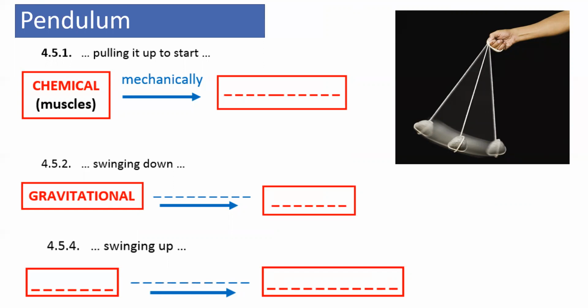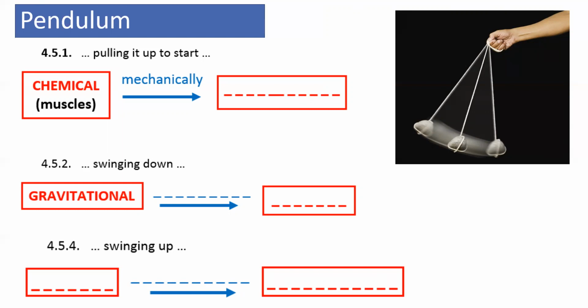Then it starts moving, which is mechanical or kinetic. When it swings down, you get gravitational potential energy being changed into kinetic energy. And when it swings up, you get kinetic energy being changed into gravitational potential energy.